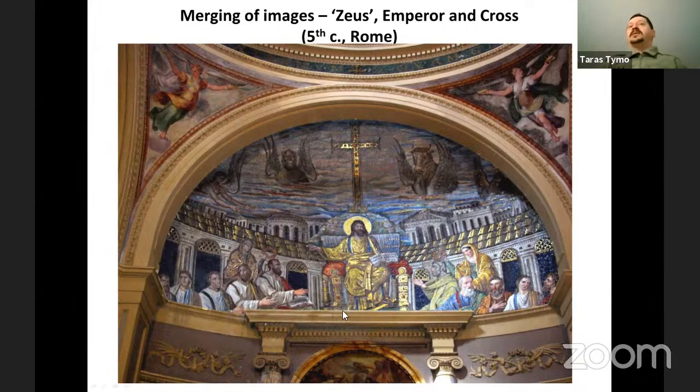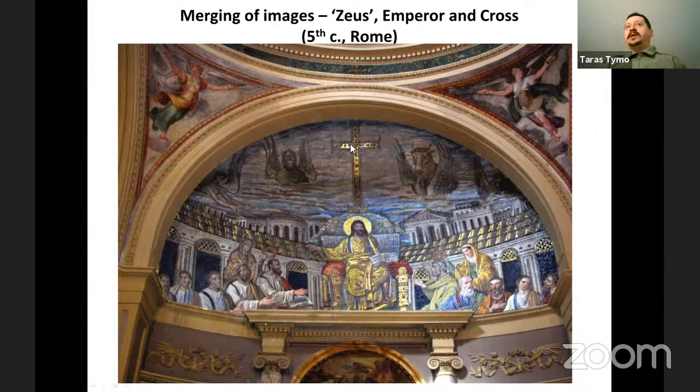Here he is seated as the emperor in the Senate of the 12 apostles, but in the upper tier, he is represented as the sign of the cross, surrounded by the symbols of the four evangelists.